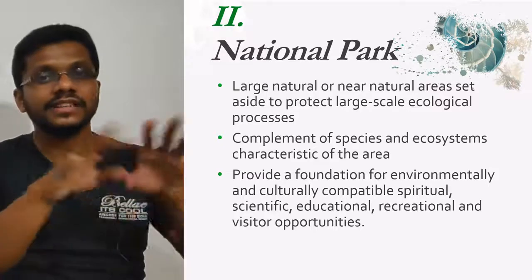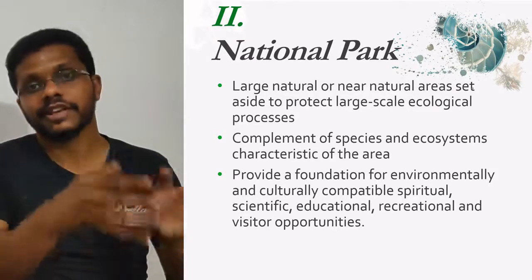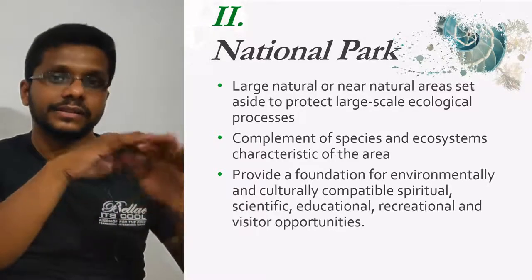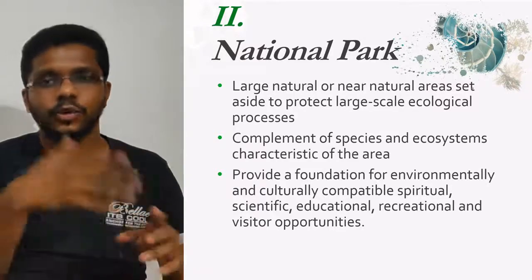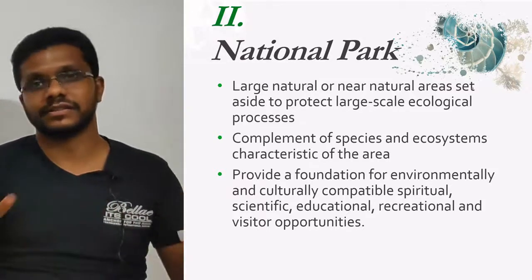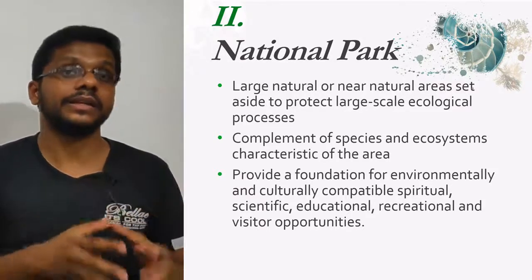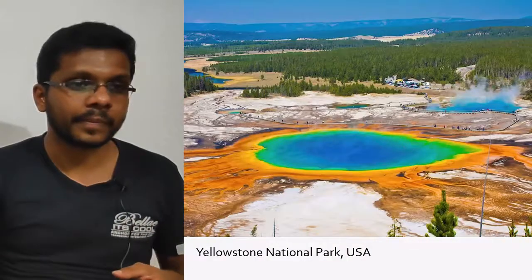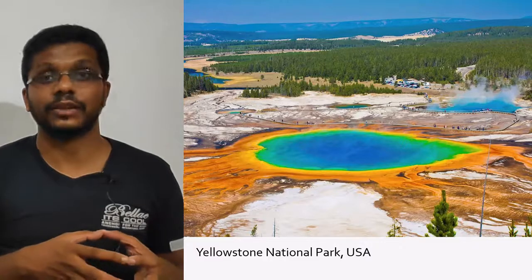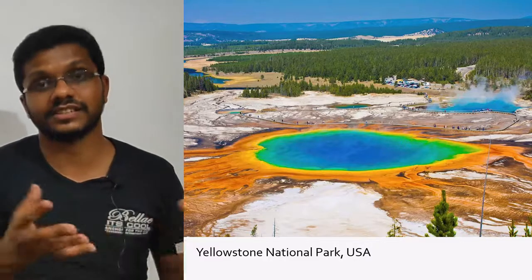But there is a strict distinction between where you can go and where you cannot. Some areas will have strict restrictions, and no other human activities like industries should be allowed in the national park. One classical example of a national park is Yellowstone National Park, which is the first national park of the world.